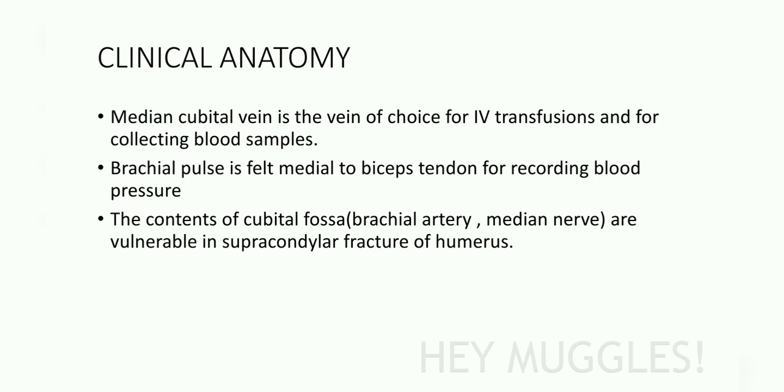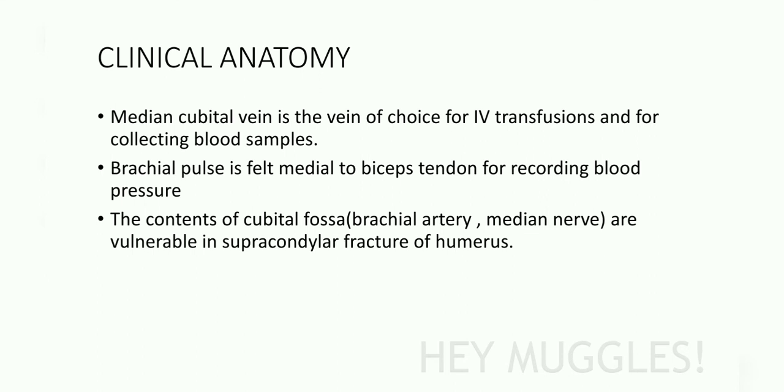Then we have supracondylar fracture of humerus. To deal with the fractures around your elbow, that is your supracondylar fracture of humerus, the contents of your cubital fossa, especially your brachial artery and your median nerve, these structures are more vulnerable to supracondylar fracture of humerus, right?